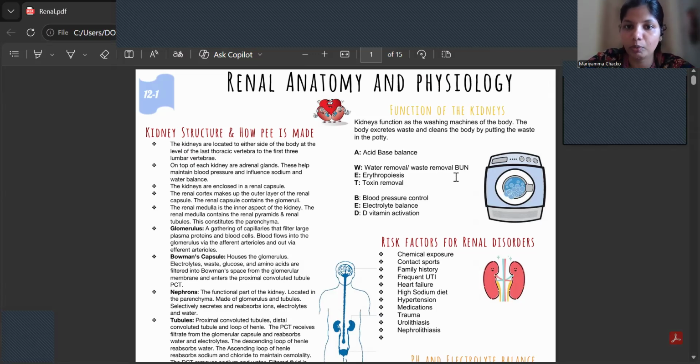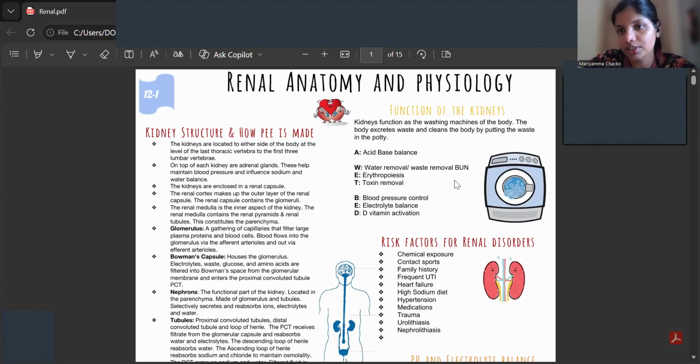Then water content, electrolytes, toxin removal. Then blood pressure control, electrolyte balance, vitamin D activation. In here, there is waste removal, for example blood urea nitrogen. In our body, kidneys act as waste removal and water removal.